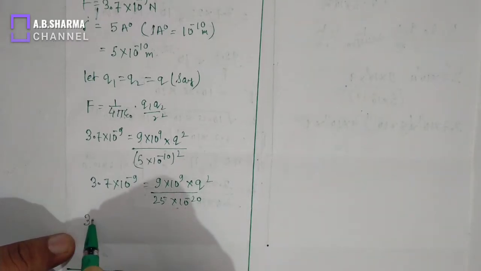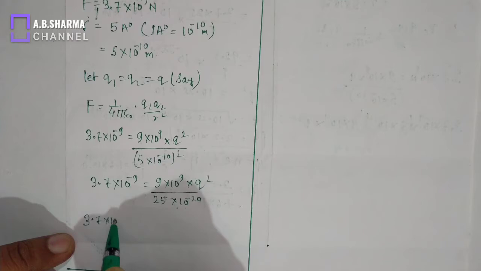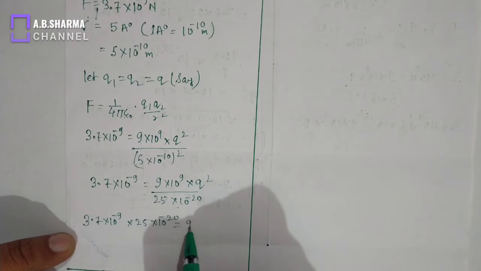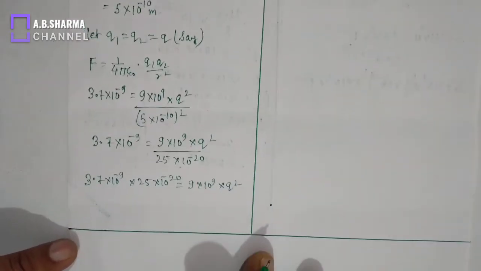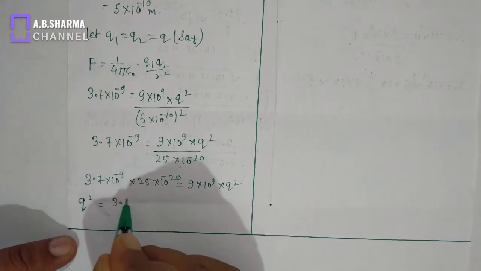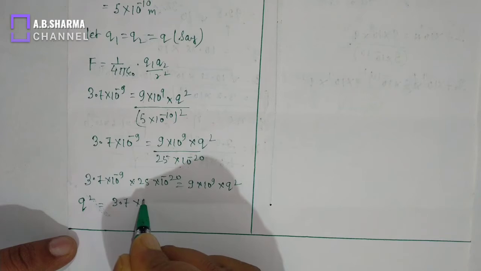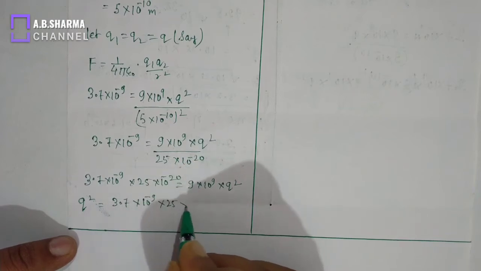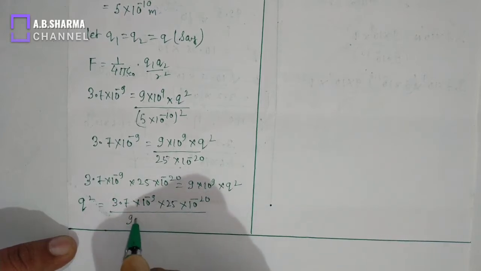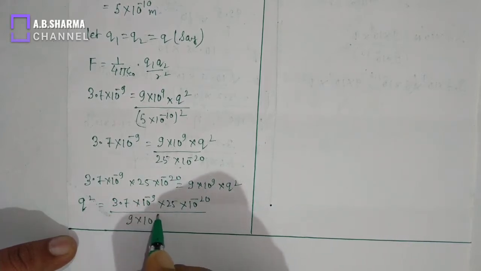Now transpose the formula. This will become 3.7 into 10 to the power minus 9 multiplied by 25 into 10 to the power minus 20 equals 9 into 10 to the power 9 into Q square. Separate Q square. Q square will be 3.7 into 10 to the power minus 9 into 25 into 10 to the power minus 20 over 9 into 10 to the power 9.